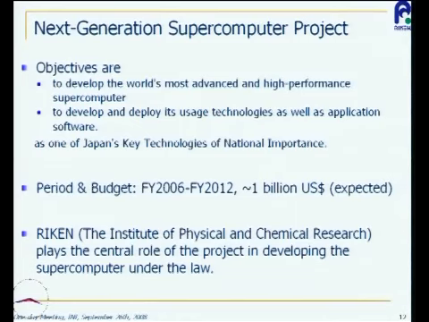And next, I would like to talk about the Japanese petascale supercomputer project. We call this project the Next Generation Supercomputer Project. And the objectives of the project are to develop the world's most advanced and high-performance supercomputer, and to develop and deploy its usage technologies as well as application software.